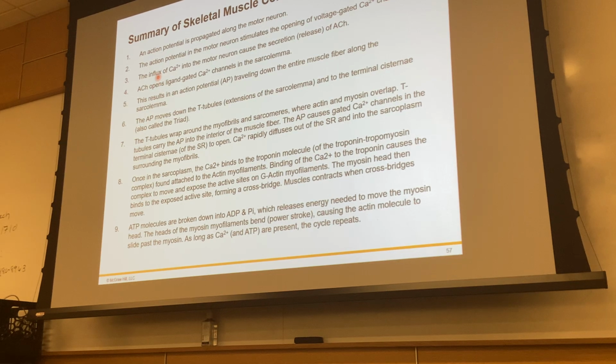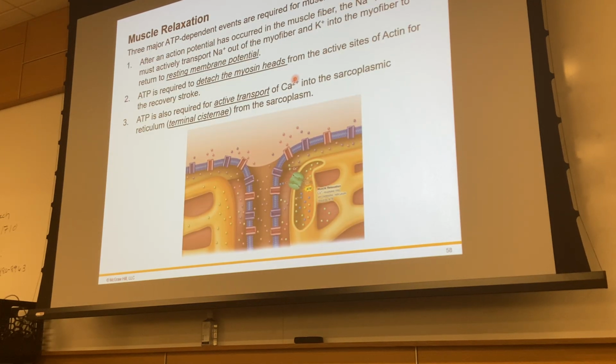The influx of calcium from the voltage-gated channels opening from the presence of ACh right here. The triad opening, the sarcoplasm accepting the calcium, right? ATP being broken down. Have we talked about that? Yes, we have. So so far, as near as I can tell, everything that we talked about yesterday is a repeat today.